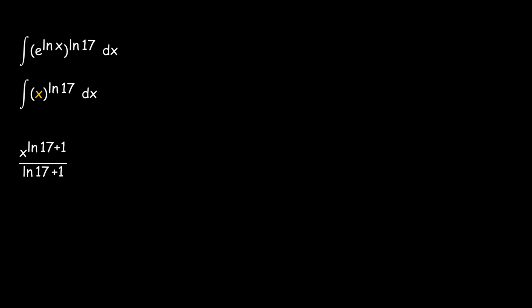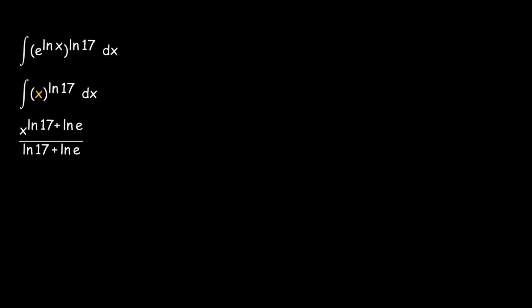1 is actually the same as natural log of e, isn't it? So if I rewrite this, I'm going to have x to the power natural log of 17 plus natural log of e, so that I can use the rule of logarithms, right? When you add two logarithms, you actually multiply their values.